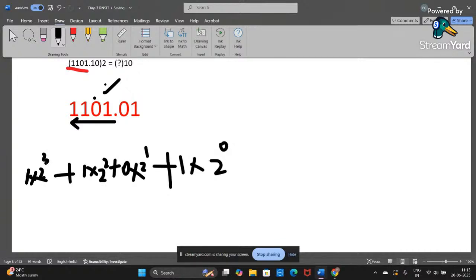Now this part is done from the left side. Let us keep this point and then we'll start. Now we have to start from 0, this side.